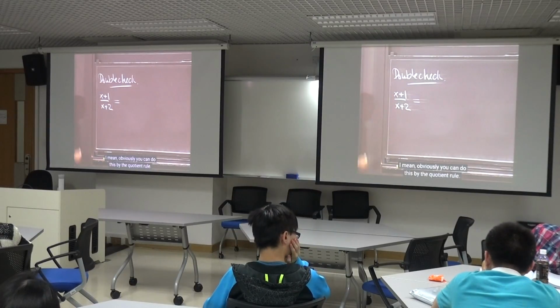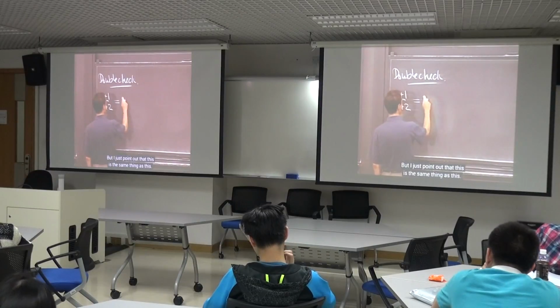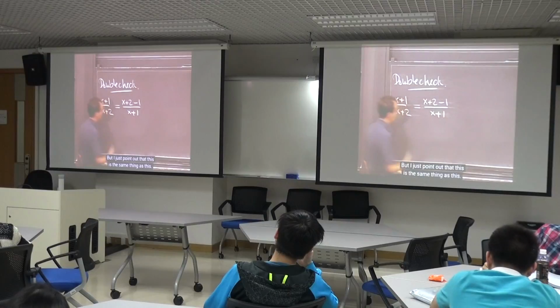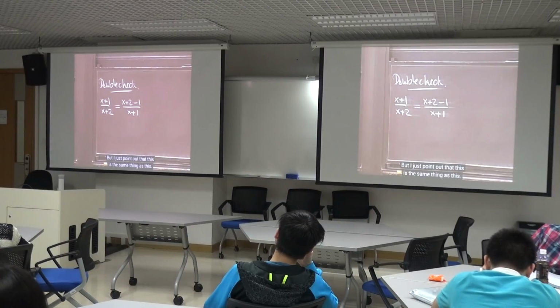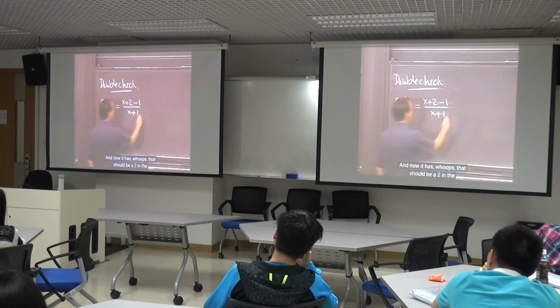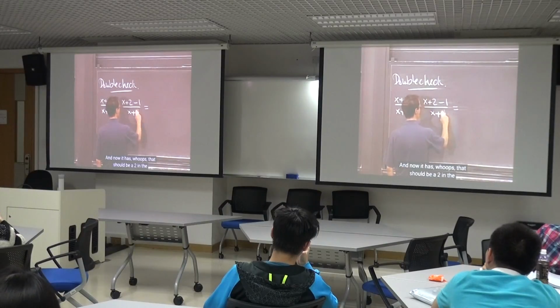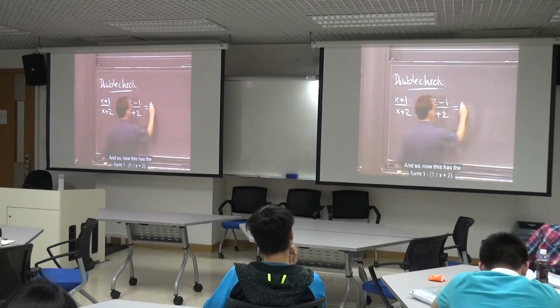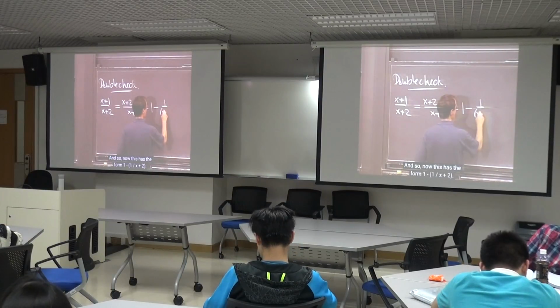Obviously you could do this by the quotient rule, but I'll just point out that this is the same thing as this. Okay? And now, whoops, that should be a 2 on there. And so now this has the form 1 minus 1 over x plus 2.